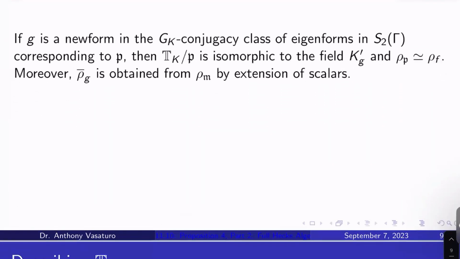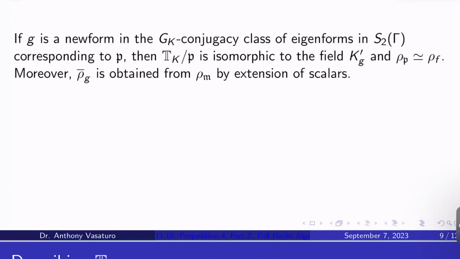Now, if G is a newform for the G_K conjugacy class of eigenforms in S_2(Gamma) corresponding to P, again, as per the above slides, then T_K mod P is isomorphic to the field K_G prime, which is like the local number field of G. It's like the L-adic, it's not the number field of G, the number field generated by the coefficients of G. It's the finite extension of Q_L generated by those coefficients.